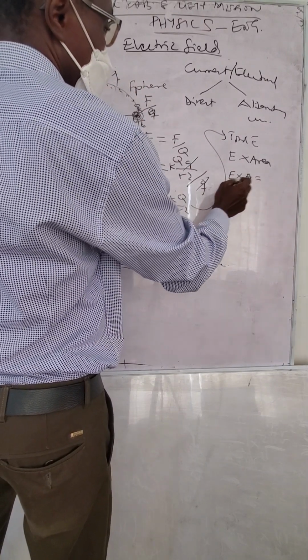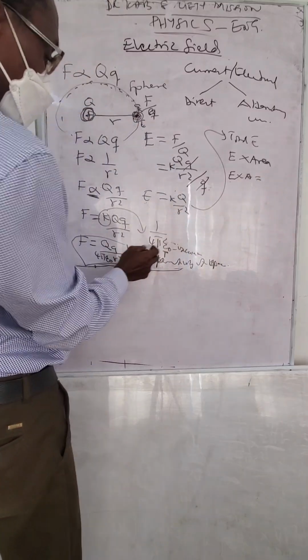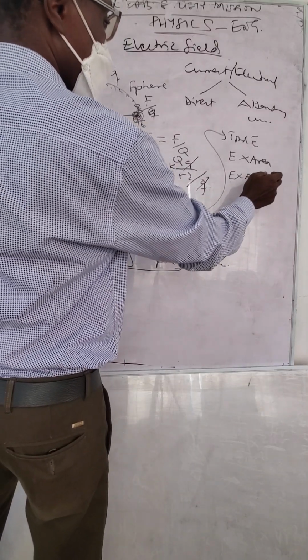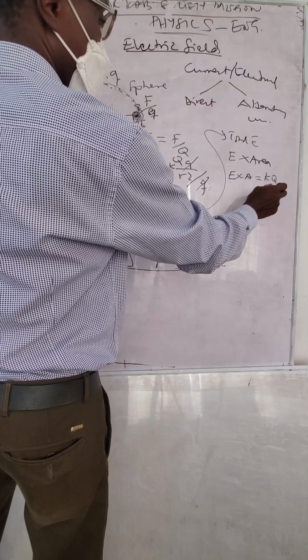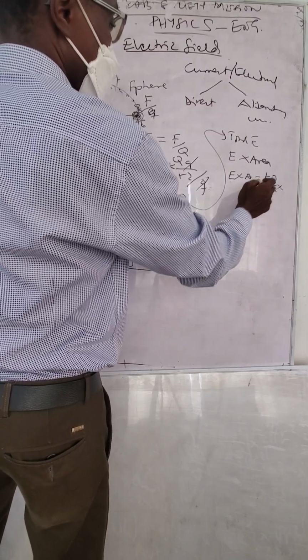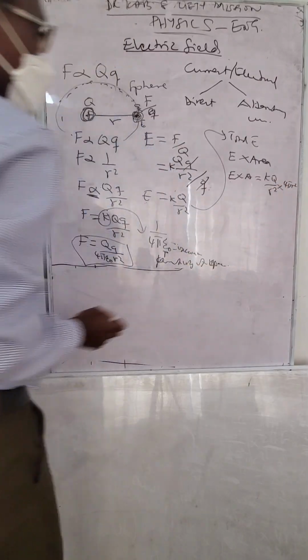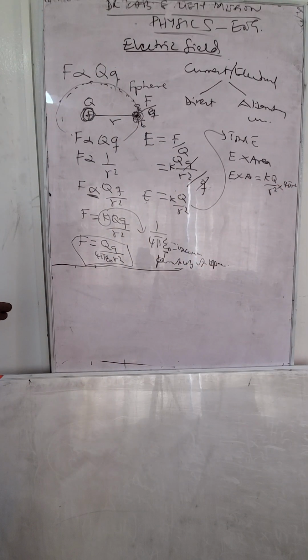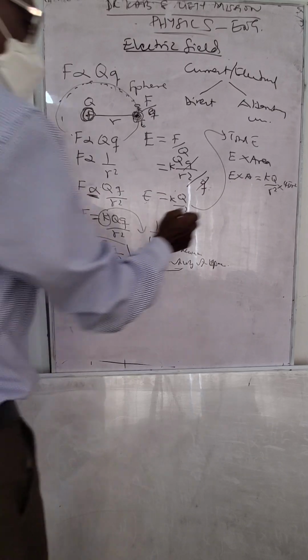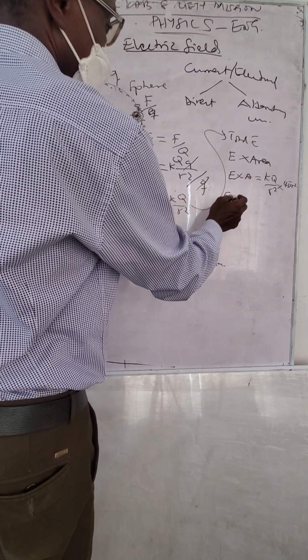And then you know E is equal to Q over 4 pi epsilon naught R squared, and the surface area of a sphere is 4 pi R squared. So let's put in values and see what happens.